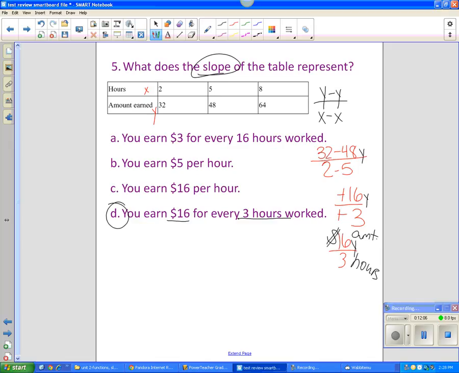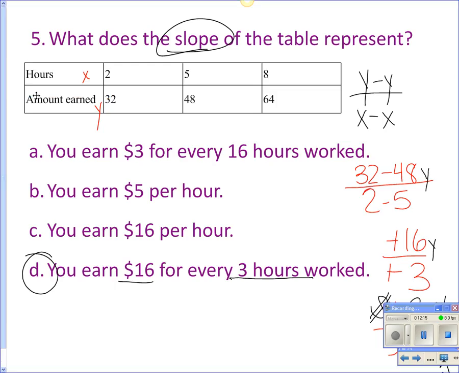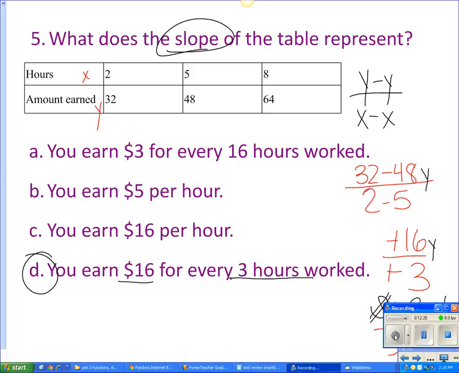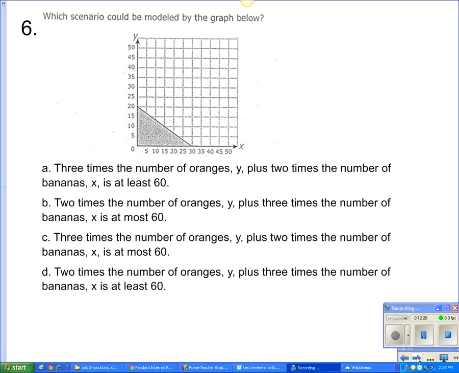All right, so that's how that one makes sense. Yes, Daniel. If we circle D, and we leave negative 16 and over negative 3. Number 6.